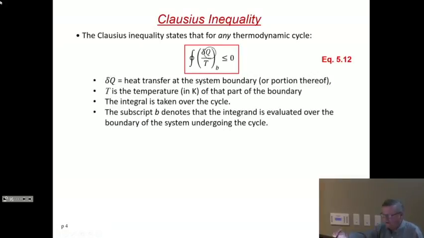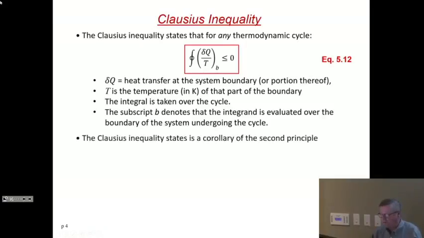Here dQ is the heat transfer at the system boundaries. T is the absolute temperature in Kelvin, as we defined it last time. This integral is taken over the cycle, and the subscript b denotes that the integrand is evaluated only over the boundary of the system. This is not a volume integral. This is an integral only over the outer surface of the system.